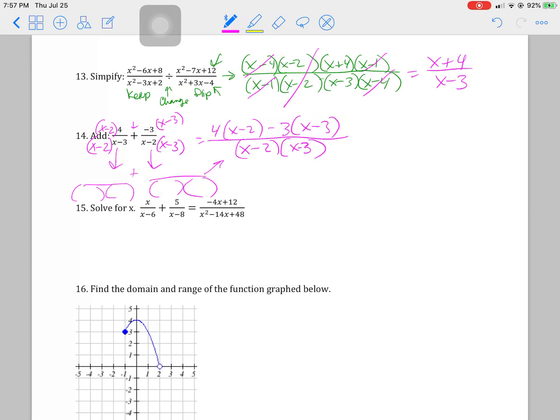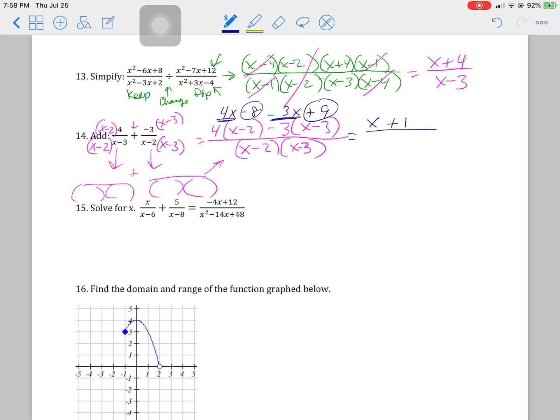So this needs to be distributed carefully. Okay. And then combine like terms. So x plus 1, okay.